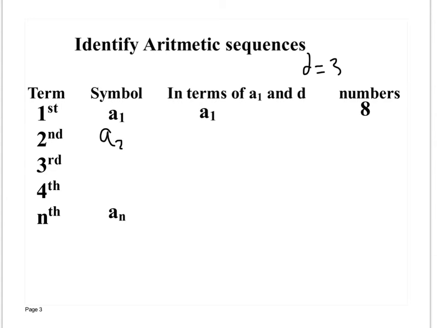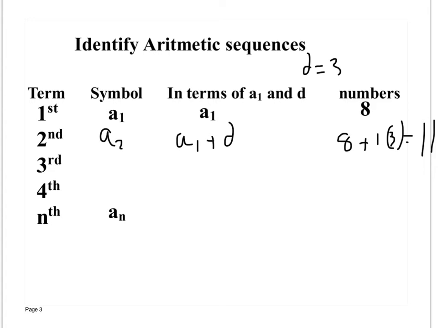In terms of A1 and D, we would write that as A1 plus D, because A2 is the first number plus D, which is 8 plus 1 times 3, which is 11. And you'll see why it's 1 times 3 in a second.